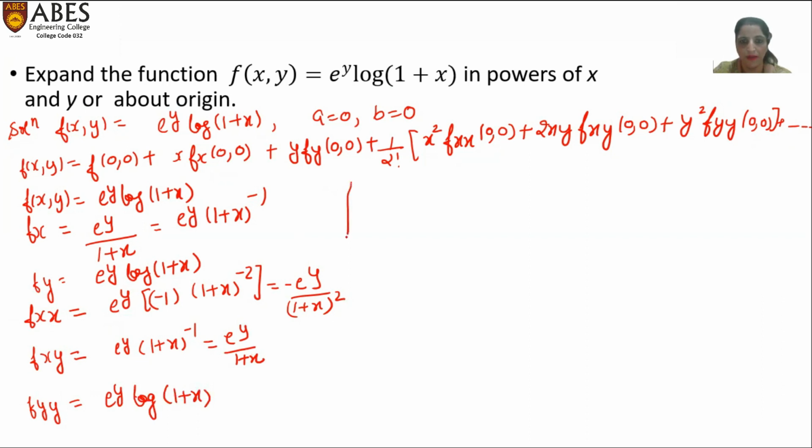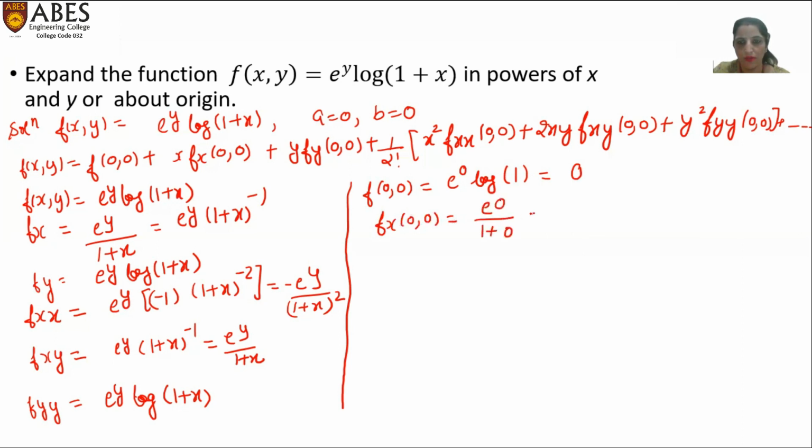Now, in parallel, we will find all the derivatives at the point (0, 0). When we replace y by 0 and x by 0, we get e^0 log 1, and log 1 is 0. The function's partial x at (0, 0) is e^0 upon 1 plus 0, that is 1. The y derivative at (0, 0) is, due to log, again 0.